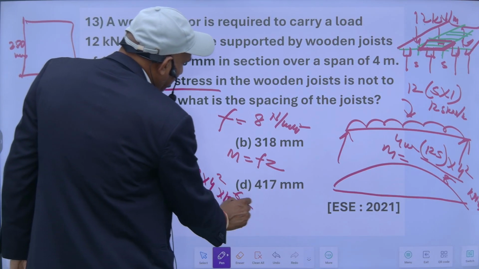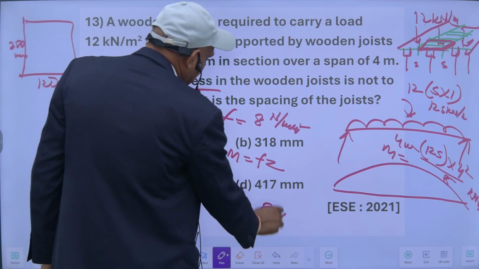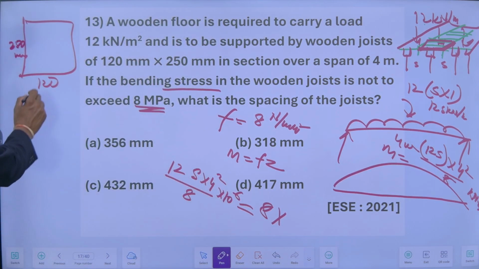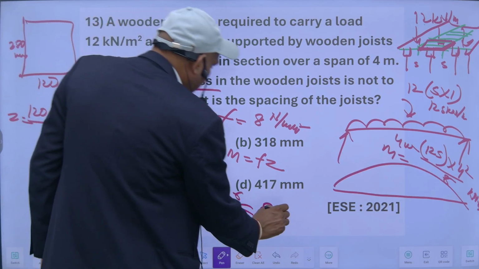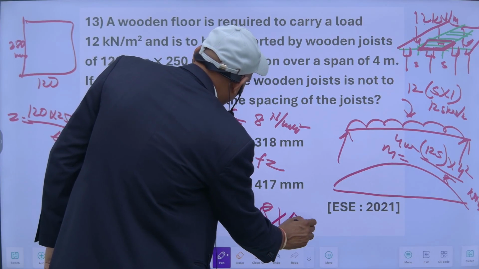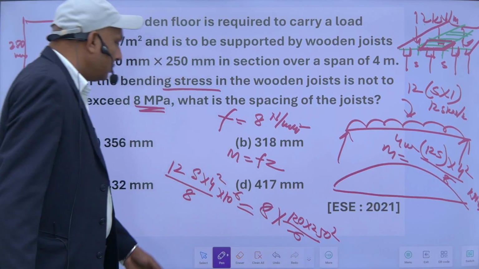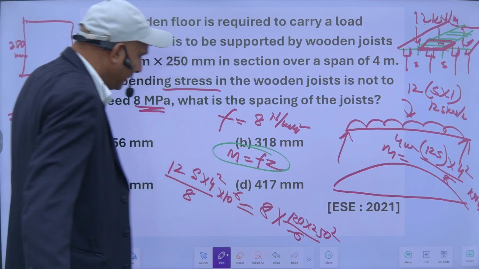M is equal to Fz, where F is 8 into the section modulus. Section modulus is BD square by 6, meaning 120 into 250 square divided by 6. With this equation we can find S.